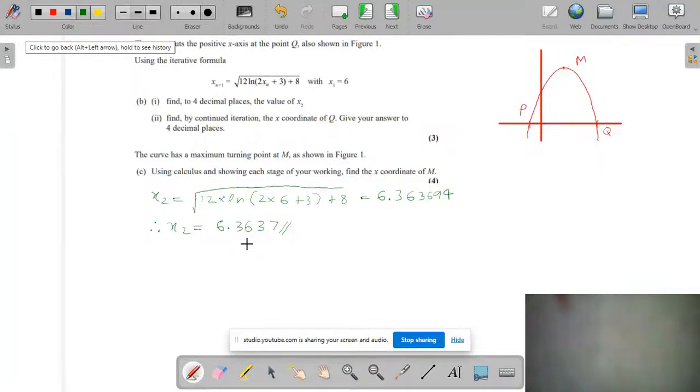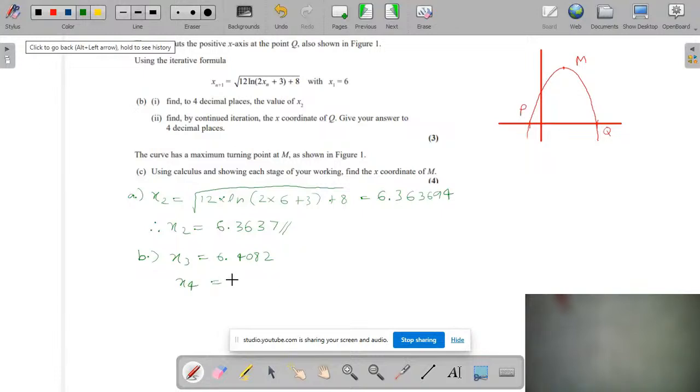Then it's easy actually. Then I get x3 as 6.408.